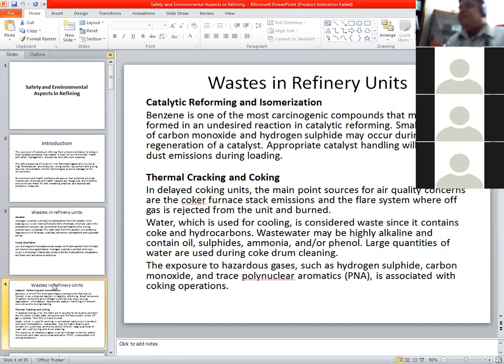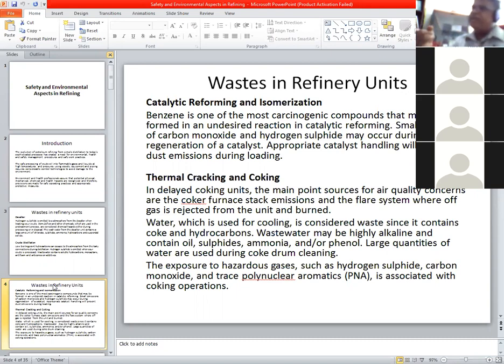In addition to benzene, there are others like toluene and xylene, BTX. Although in very low quantity, it has been found that around 0.1 to 0.5 kg, meaning half a kg, of this BTX can be produced if we refine 1 ton of crude.